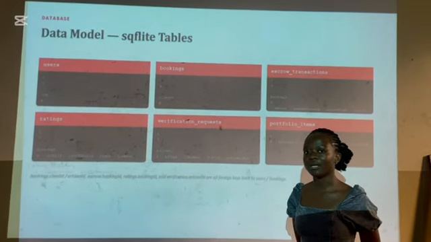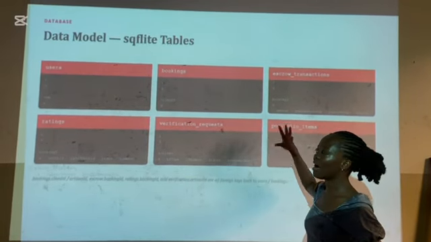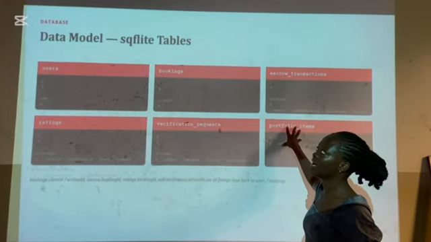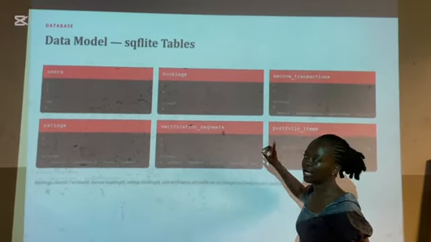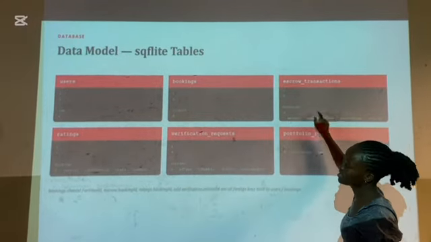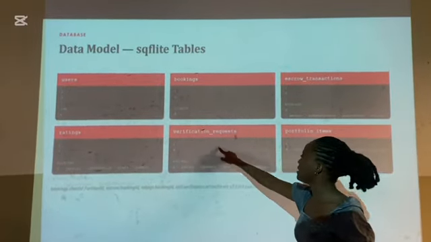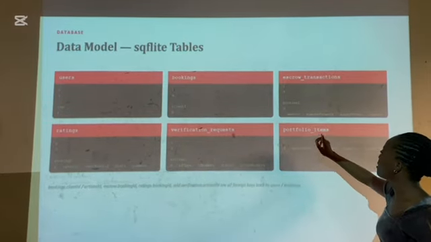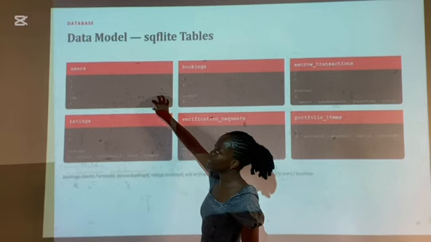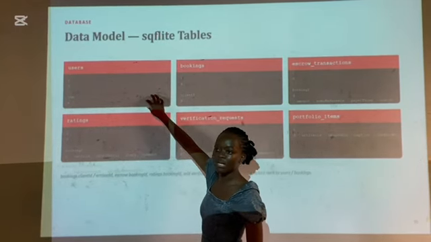I'm Caroline Ajami, and our app entails six data models, which are SQFlite-like tables. We have users, bookings, transactions, ratings, verification requests, and portfolio items. The users table entails the user information.